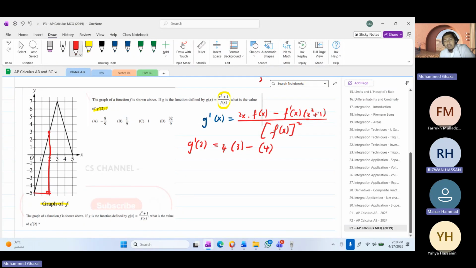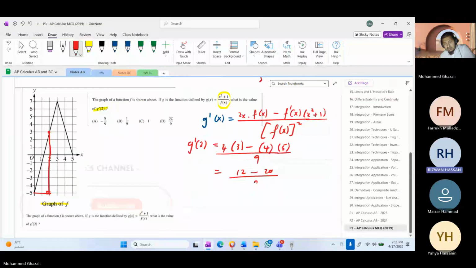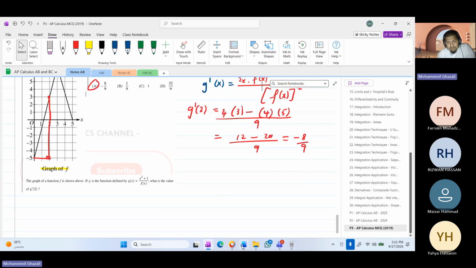Then times 5, times 5, all over b squared, which is 9. So you got 12 minus 20 over 9, so equal to negative 8 over 9. Good. Excellent.